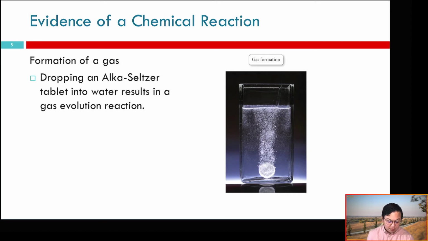This is maybe not so familiar anymore, but Alka-Seltzer, right? If you drop an Alka-Seltzer tablet into water, it results in a gas evolution reaction. This is different than adding Mentos to your soda. Adding Mentos to soda is not a chemical reaction. Instead, what's happening there is the Mentos is not perfectly smooth, but it's got a bunch of little dimples in it.